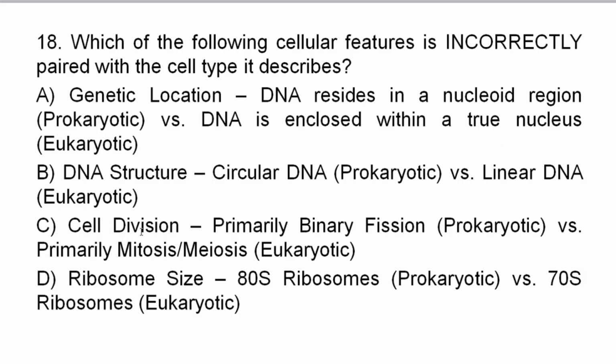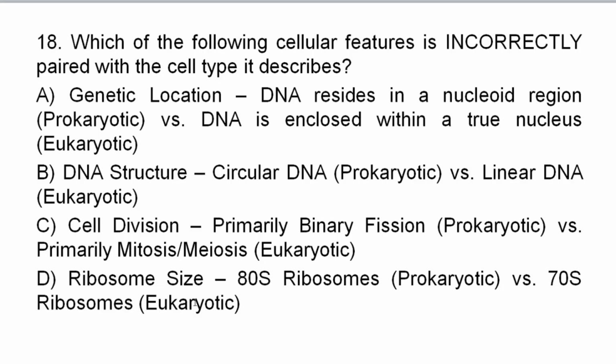Choice C, cell division, primarily binary fission in prokaryotic versus primarily mitosis or meiosis in eukaryotic. Choice D, ribosome size, 80S ribosomes in prokaryotic versus 70S ribosomes in eukaryotic. So which one is incorrectly paired with the cell type it describes? I think it's an interesting question, yes?